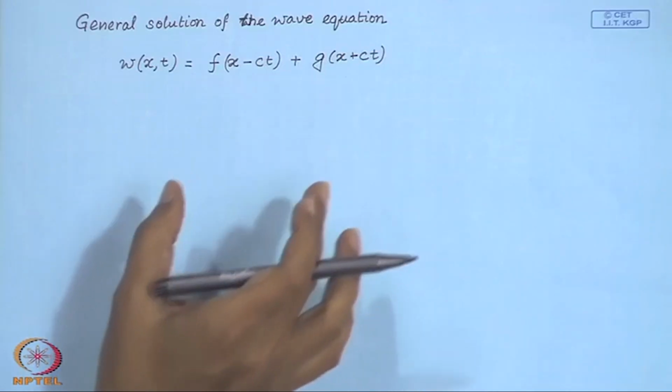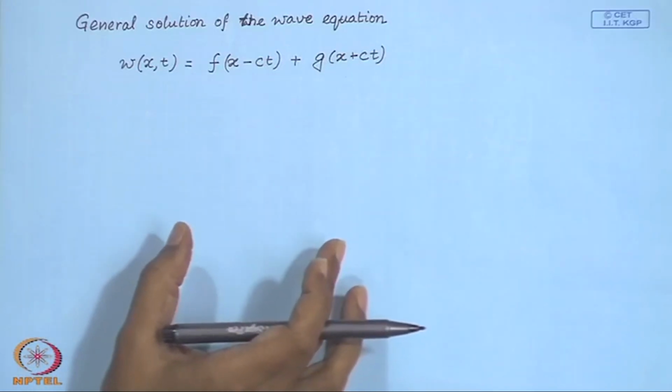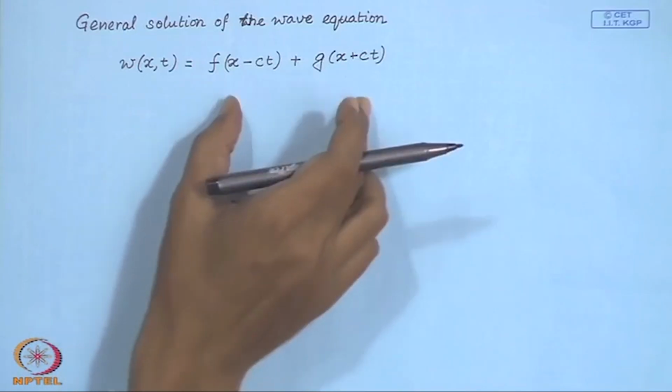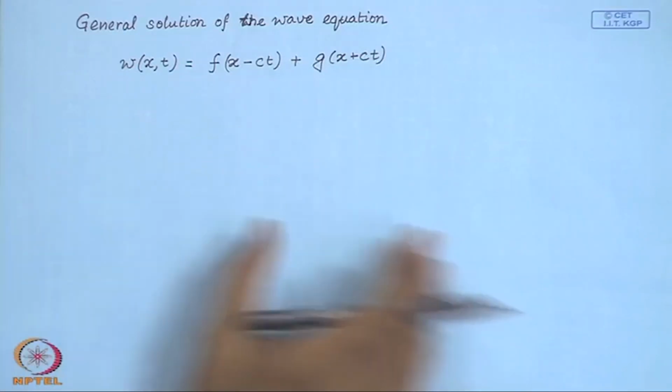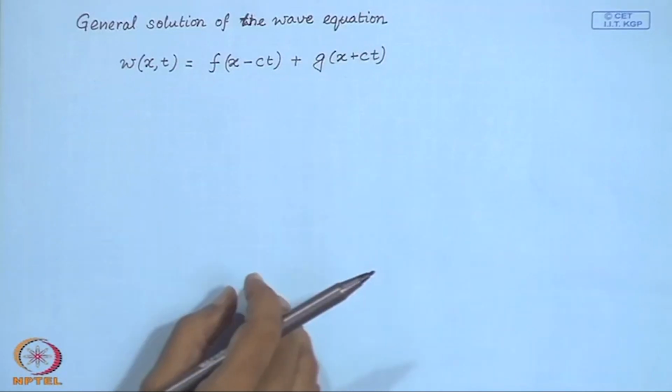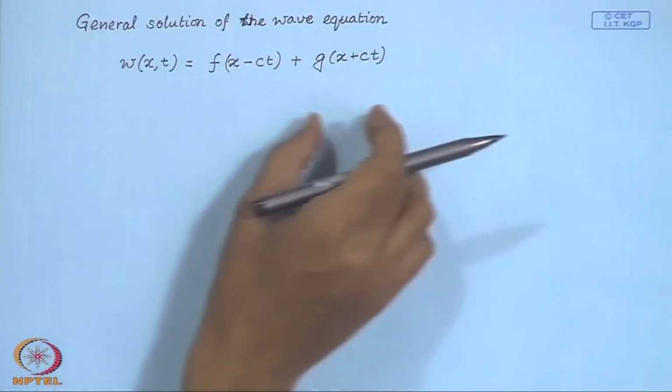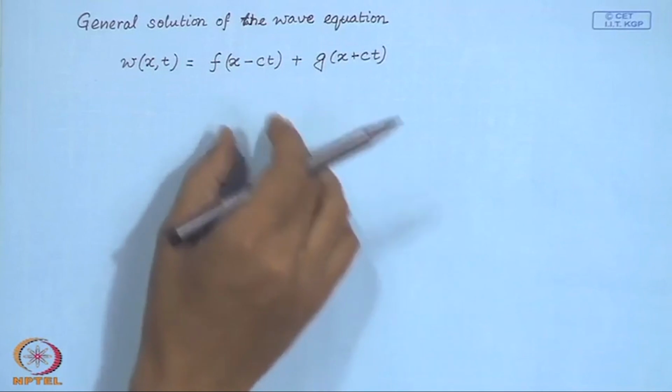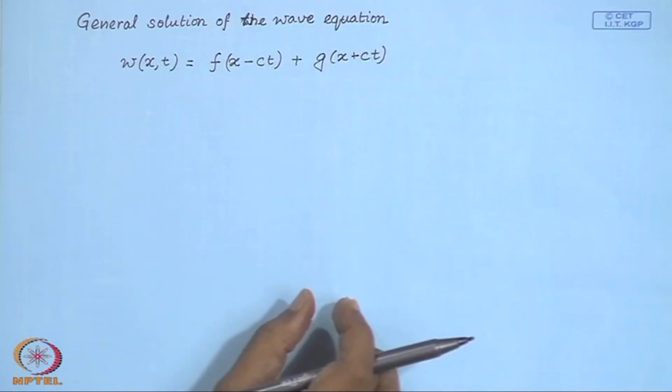So, the general solution is a superposition of two oppositely travelling waves, as shown here, and both of these waves are travelling at the same speed c.